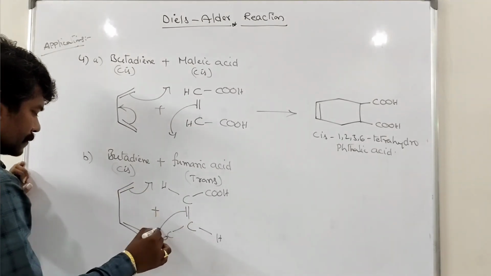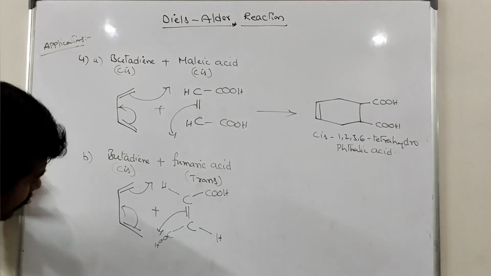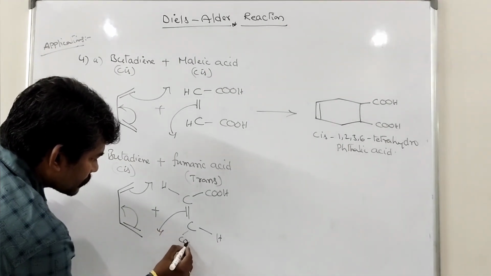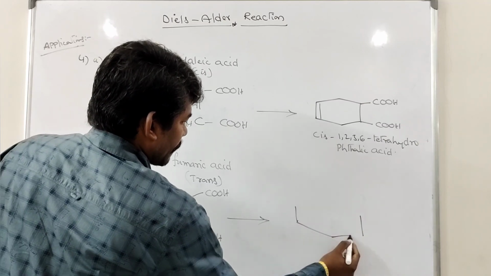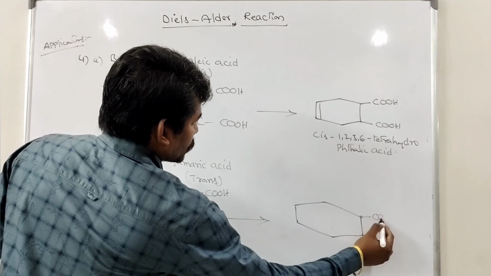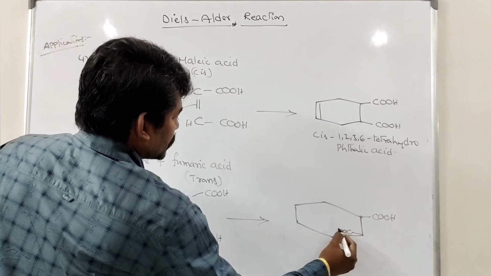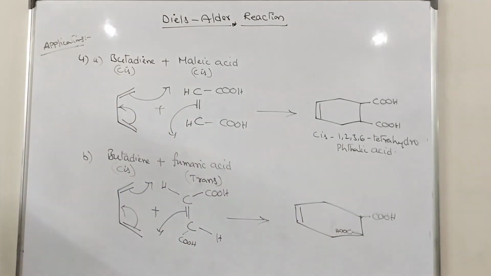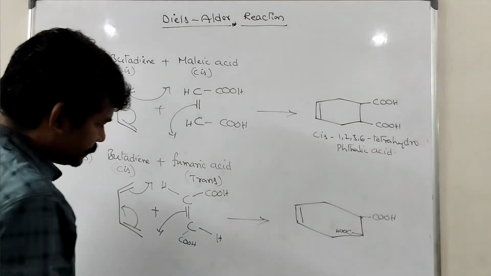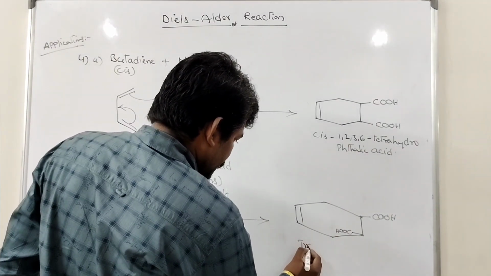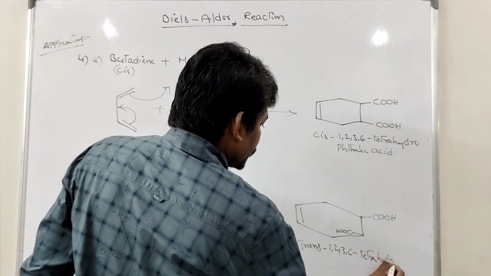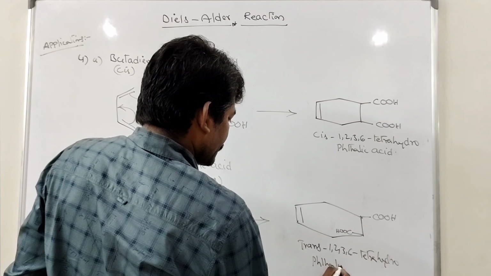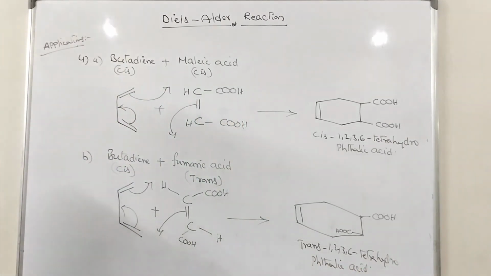So again, COOH and COOH. This is trans-1,2,3,6-tetrahydrophthalic acid.